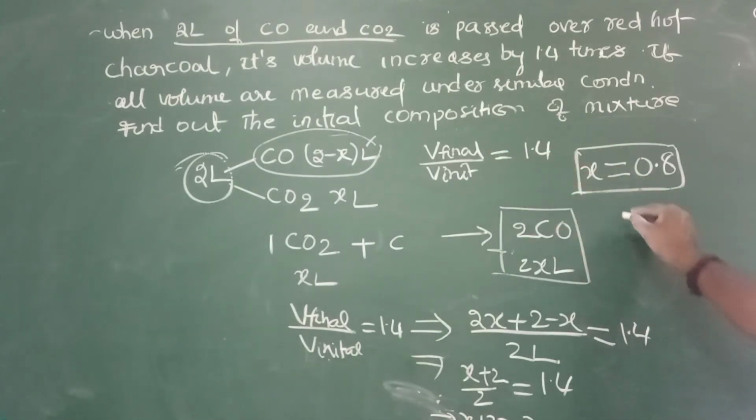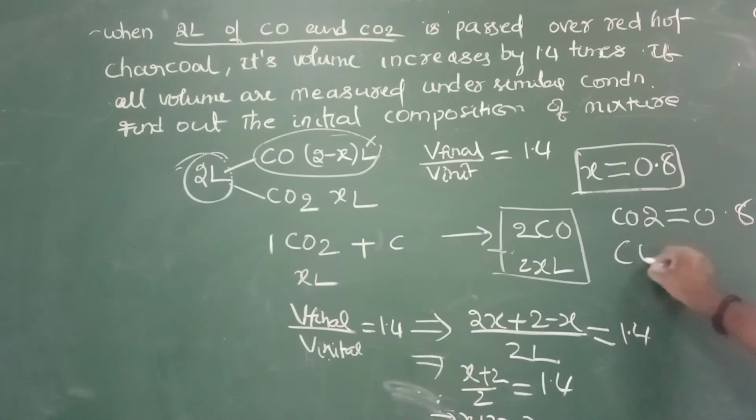So CO2 is 0.8 liters, and carbon monoxide is 1.2 liters.